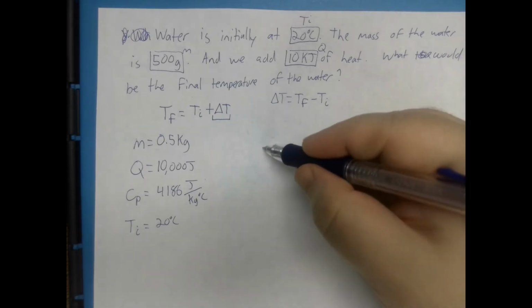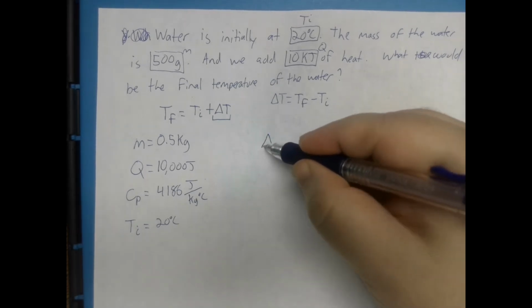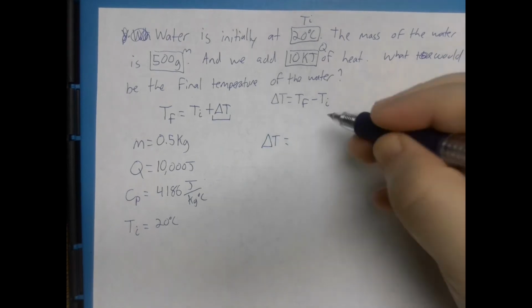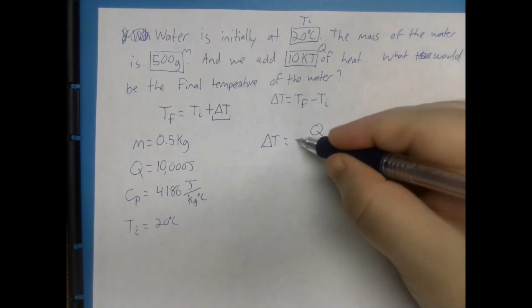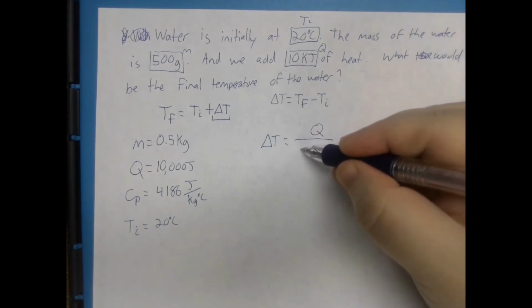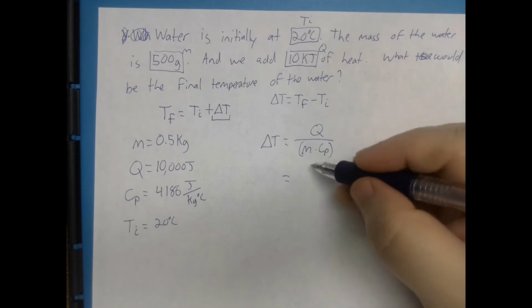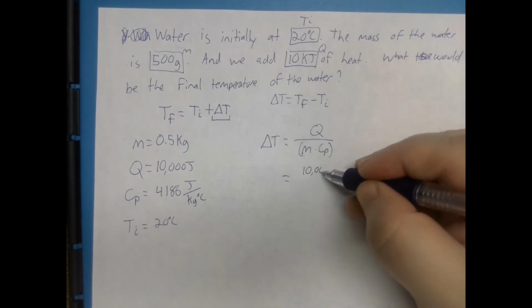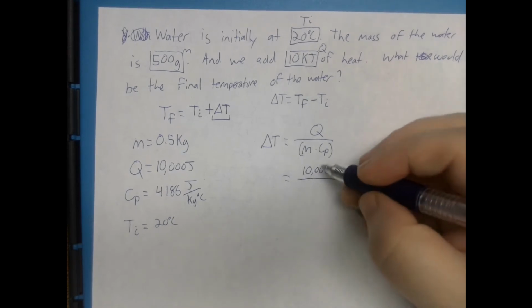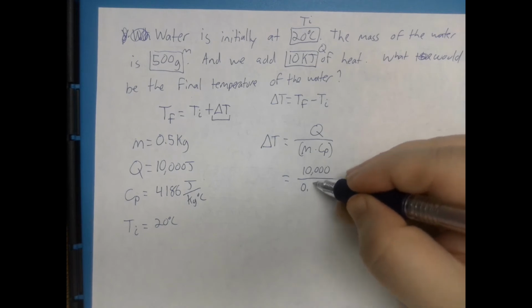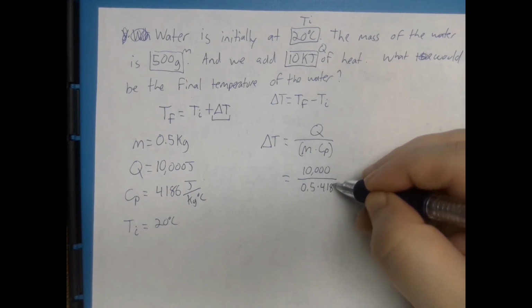So we need to solve for the change in temperature first. Change in temperature is equal to heat divided by mass times Cp. So that would be 10,000 divided by 0.5 times 4,186.